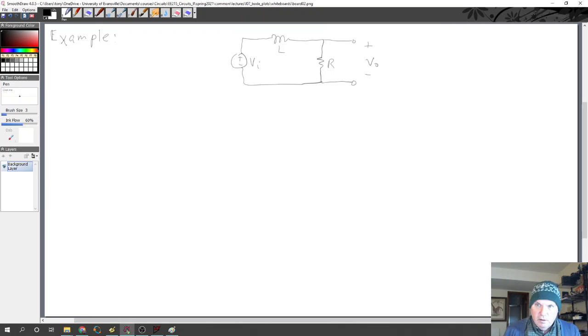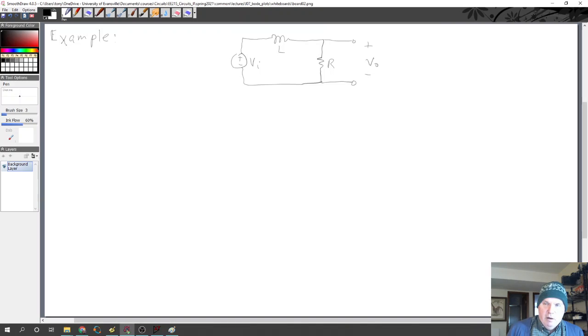Again, knowing the properties of the frequency dependent behavior of an inductor, at low frequencies here, the inductor is short, and so the entire input voltage will be across the resistor, and the output voltage will be equal to the input voltage. At high frequencies, the inductor has a large impedance, j omega L. So as omega becomes infinitely large, the impedance here becomes infinitely large, and there will be no current.